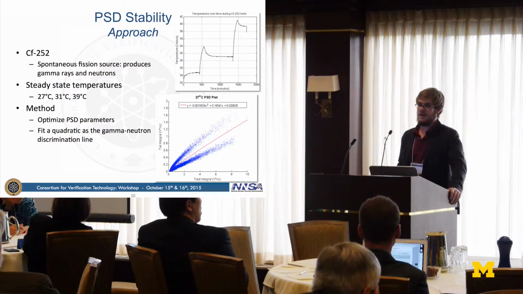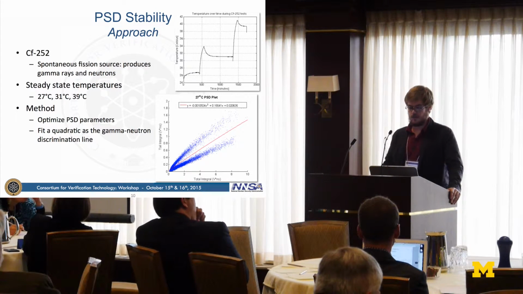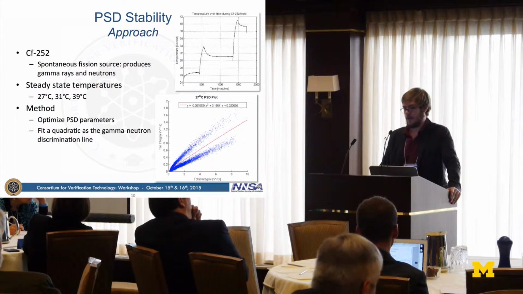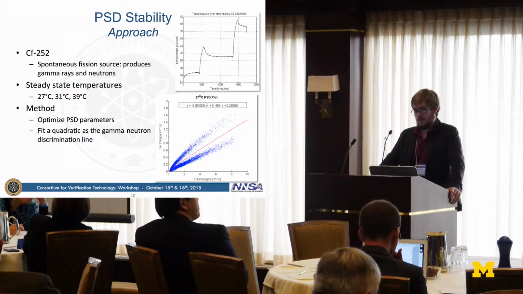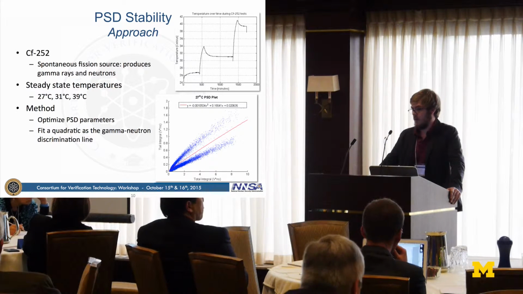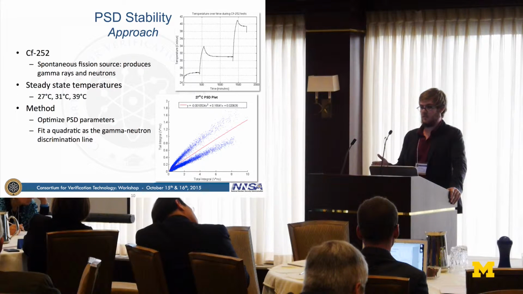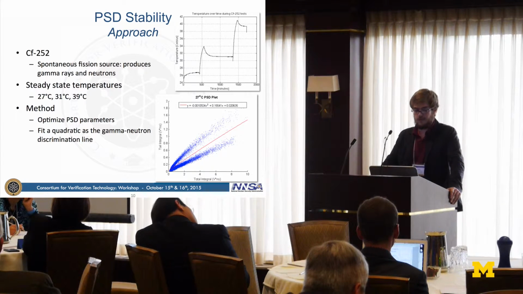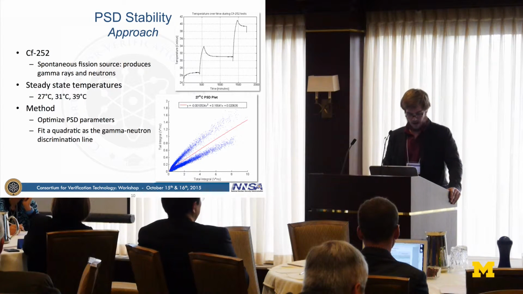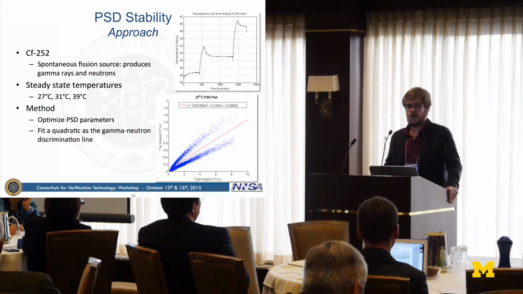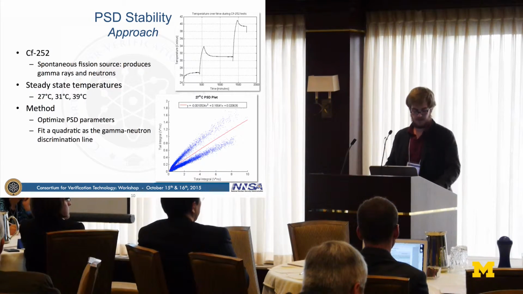Once again, we can analyze the shape of pulses to distinguish between neutron-induced pulses, which correspond to the upper point cloud, and gamma-ray-induced pulses, which correspond to the lower point cloud on the plot. We optimize the parameters that we use to analyze these pulse shapes, and then we fit a quadratic as the gamma-neutron discrimination line. We analyze the pulse shape collected at each of these temperatures.